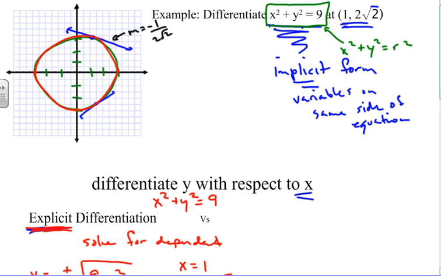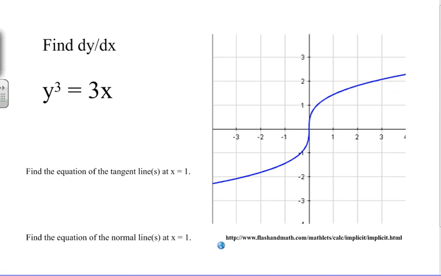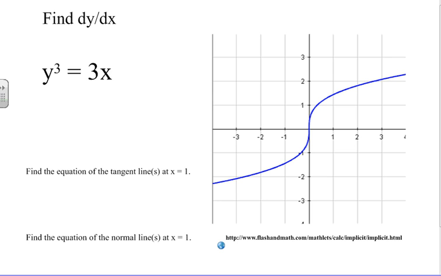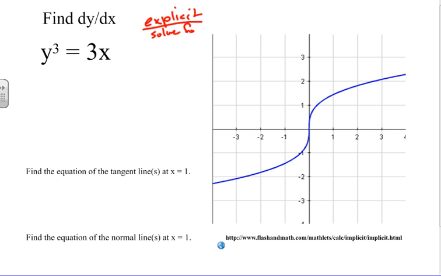Well, let's try some more. Got 2 more for you. We're going to take this and try to find dy dx. Now, once again, I graphed this for you. You can see if we want to solve this explicitly, remember, explicit, you solve for y, or one of the variables. So in this case, we could solve it.